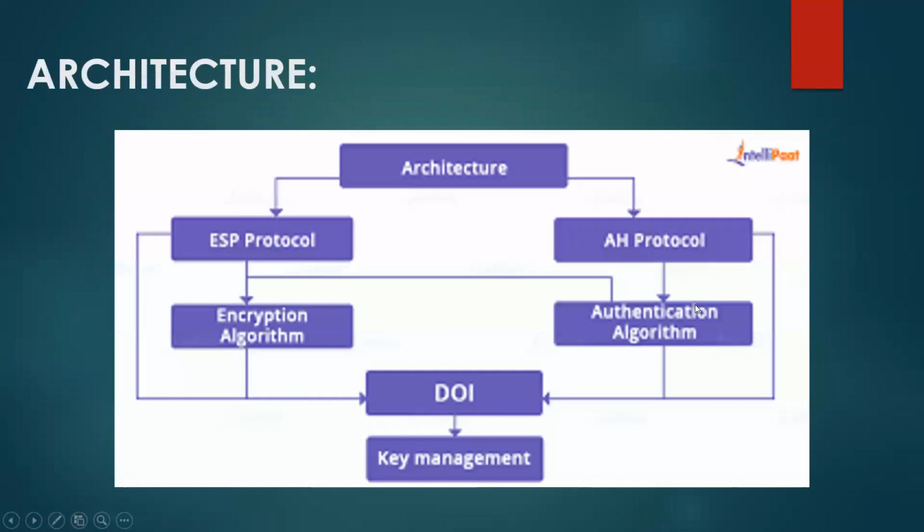And we move to the diagram of the architecture, and here is the diagram. First of all, there are two protocols. They are called ESP and AH. The ESP protocol is joined to an encryption algorithm, and the AH protocol is combined to an authentication algorithm, and these are all combined together to form the domain of interpretation, called DOI, and the entire information is joined here.